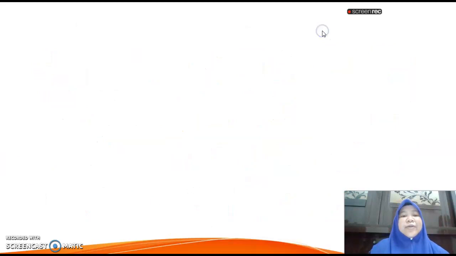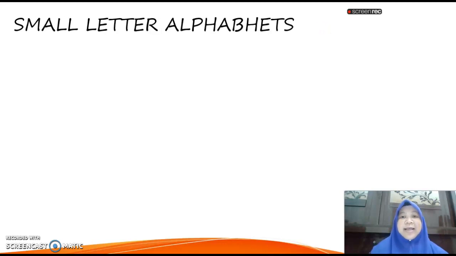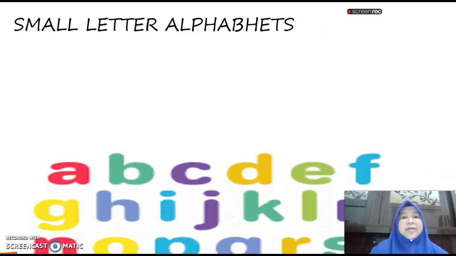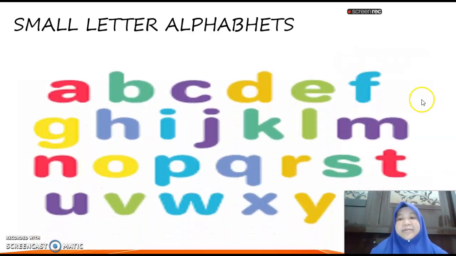Besides the big letter alphabets, you also have to learn the small letter alphabets, and how to write them correctly. Let me show you this one. These are small letter alphabets.